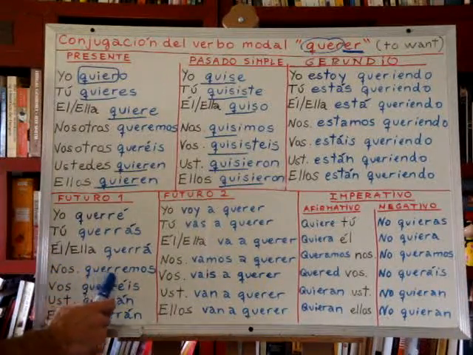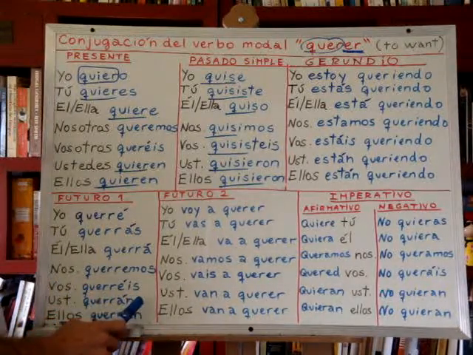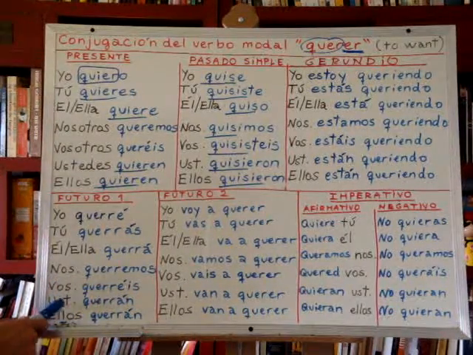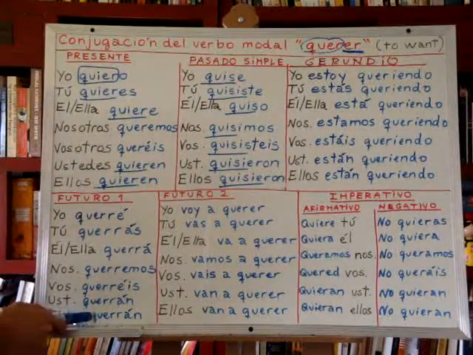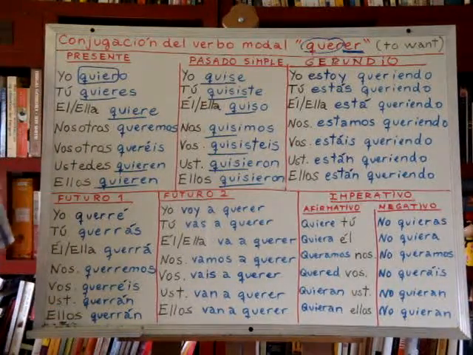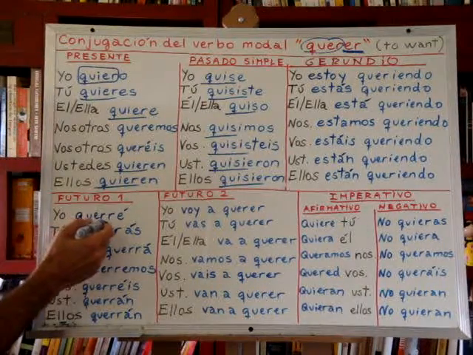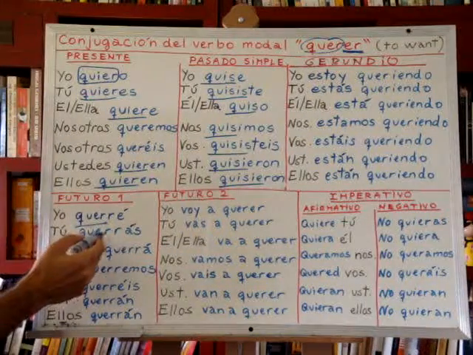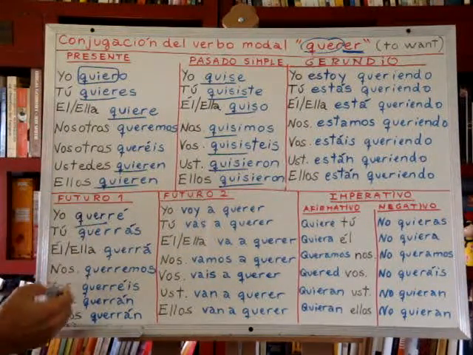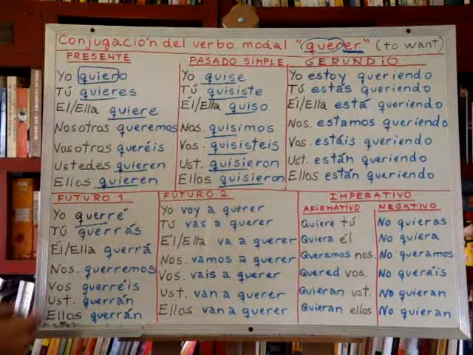Nosotros querremos. Vosotros querréis. Ustedes querrán. And ellos querrán. Right? You can see that here the root of the verb is unchanged. So this future tense is regular. There is no irregularity here.